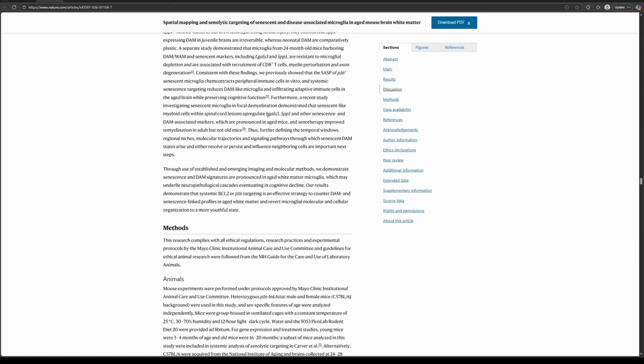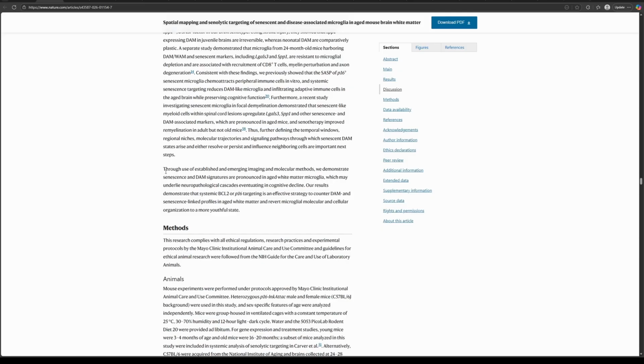So they've found that other parts of the body also express L-gal3 and other senescence markers, such as in the spinal cord. Interesting. Okay.